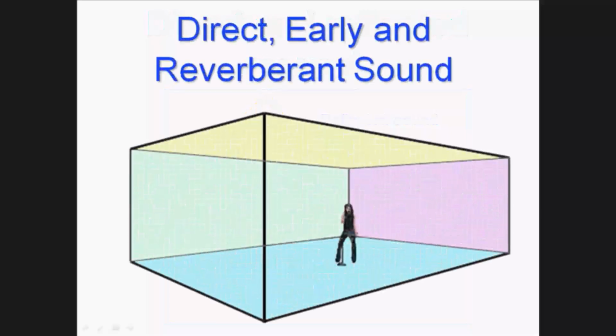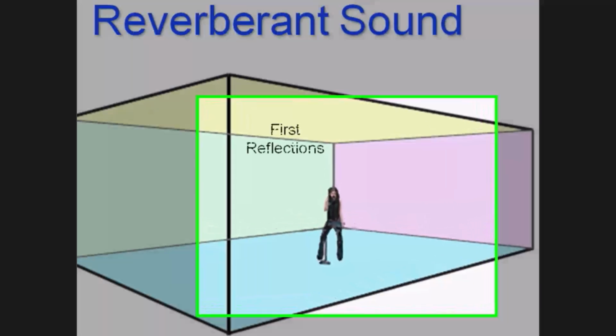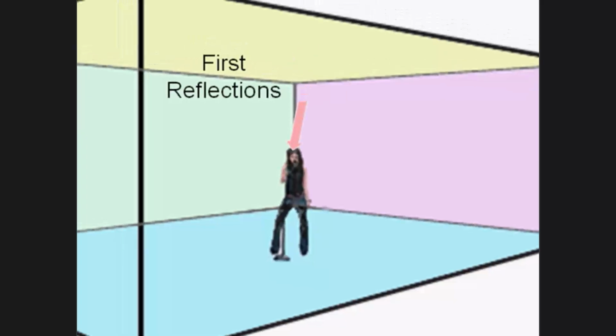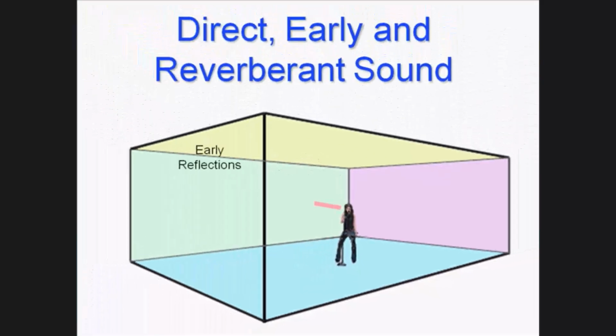Let's take a better look at this. The direct sound goes out without hitting any walls or surfaces. The first reflections we get back into the microphone are probably from the floor or the ceiling. Sound bouncing off the nearest wall is the next to come back to the microphone, and the further away the walls are, the longer it takes the sound to bounce back to the microphone.